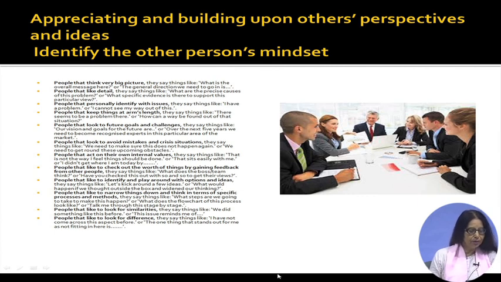Or there are others who keep warning you by saying, we need to make sure this doesn't happen again, or we need to get around these upcoming obstacles. Or people who like to look at a specific process, they say, okay, what steps are we going to take to make this happen? What does the flow chart of this process look like? People who look for similarities. So you need to identify the mindset of different kinds of people.